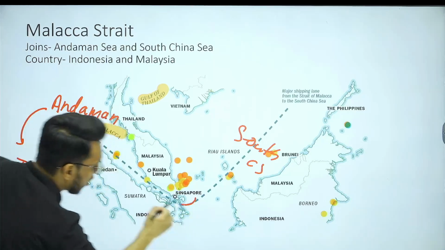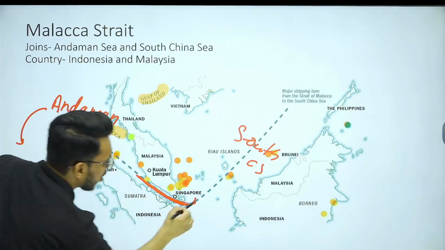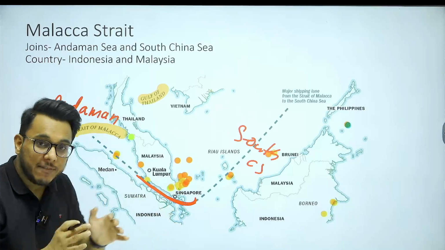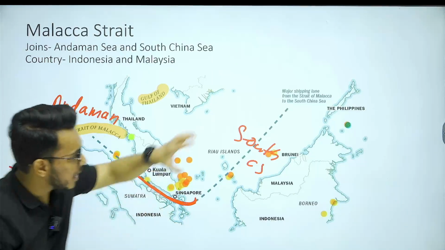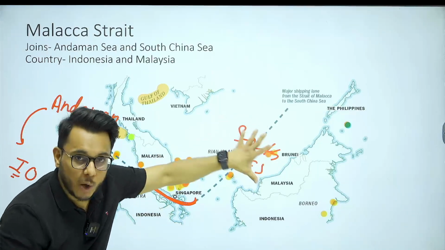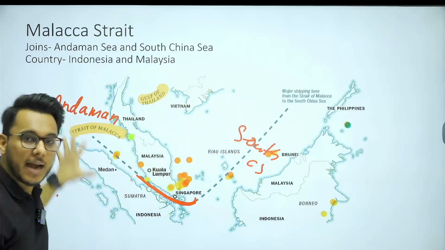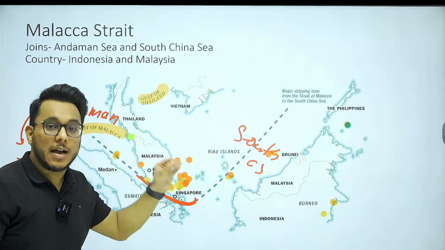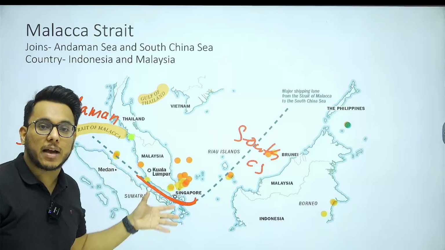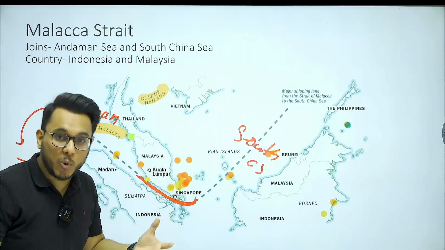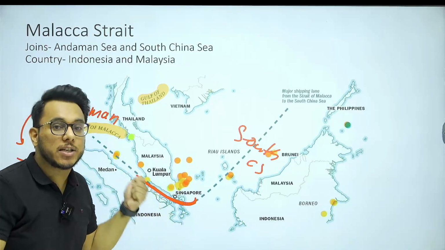This waterway provides a navigable channel which connects South and Southeast Asia with Africa and Europe. And China depends on the Malacca Strait for its exports. Therefore, it is a strategic choke point.